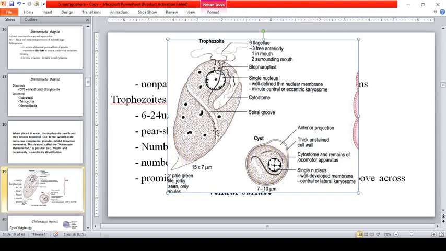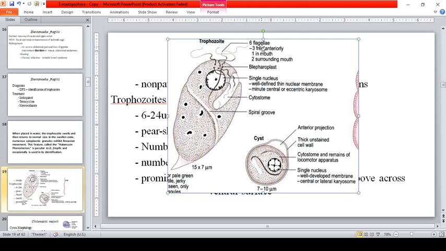Parang ito yung parasite na sumasali sa beauty pageant because of the presence of a sash, which actually represents the spiral groove of Chilomastix mesnili. However, here, there are 6. Magkaiba yung sinasabi ng dalawang libro. So, here it has 6 flagella: 3 free anteriorly, 1 in the mouth, and 2 surrounding the mouth.